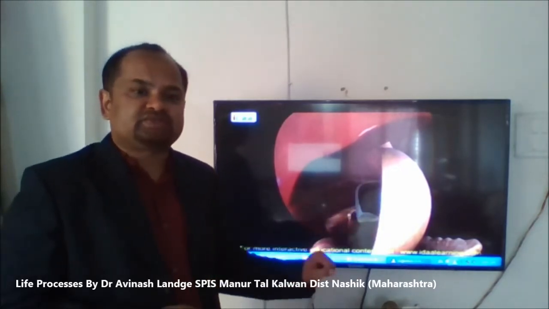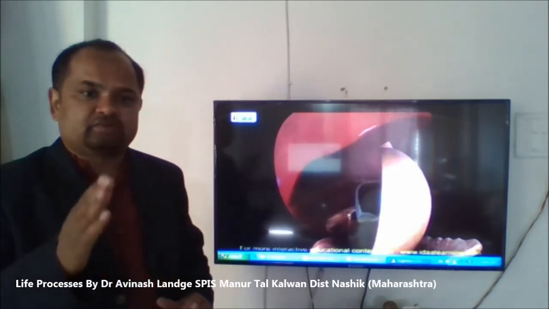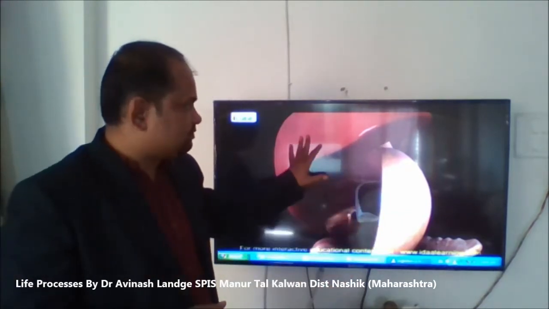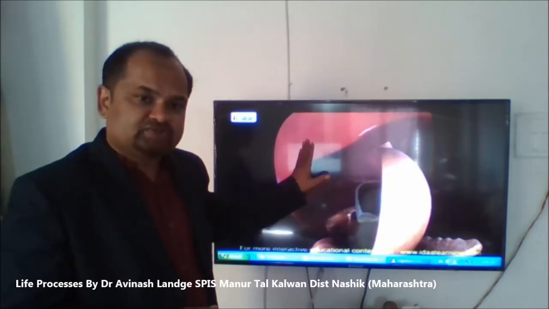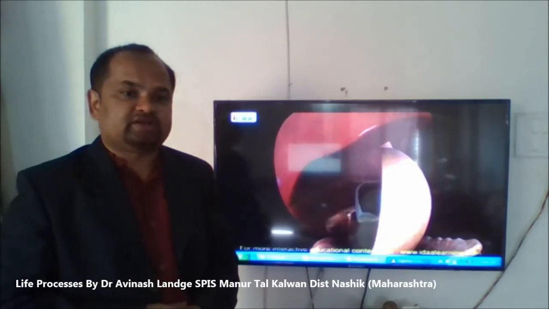Before that, pancreatic juices, in which lipase converts lipids into fatty acids and glycerol. Bile juices are secreted and enter the small intestine.